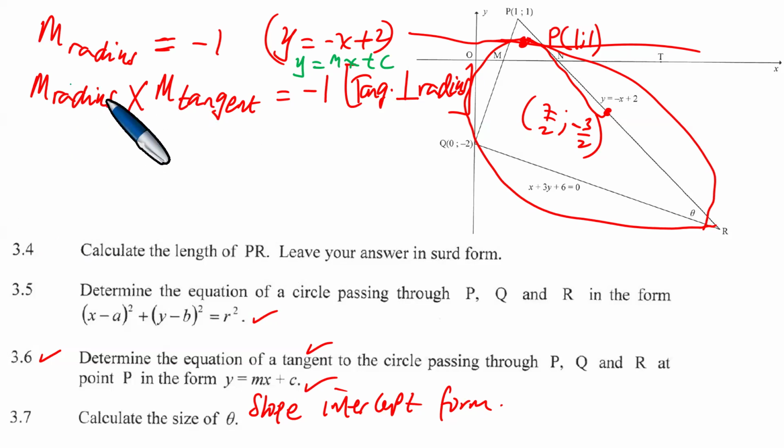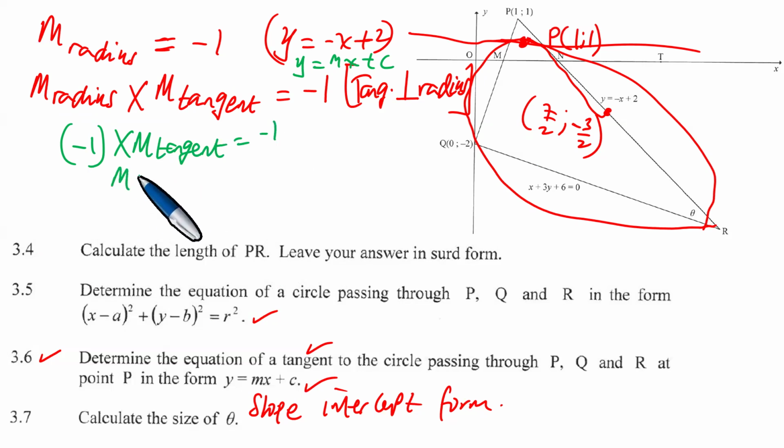So we substitute here the gradient of the radius, a -1, equals -1. For the gradient of the tangent, you divide by -1, you multiply both sides by -1, getting a 1.